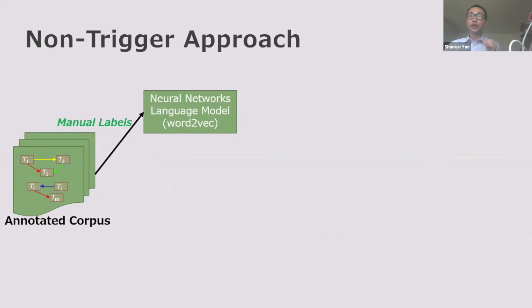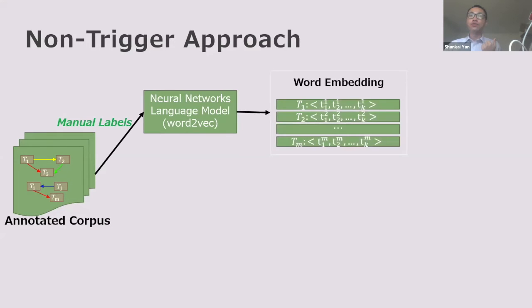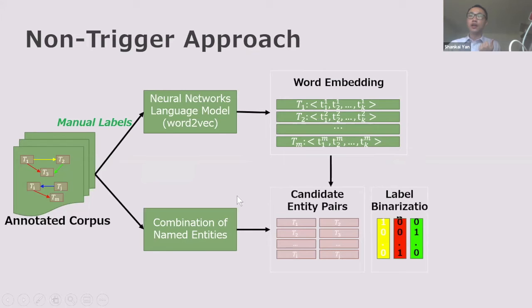If you are working in this area, I use a non-trigger approach. The first thing I do is to use a neural network language model. For example, here we use word2vec to first vectorize each document, and then we combine each named entity inside a single document to get candidate entity pairs.